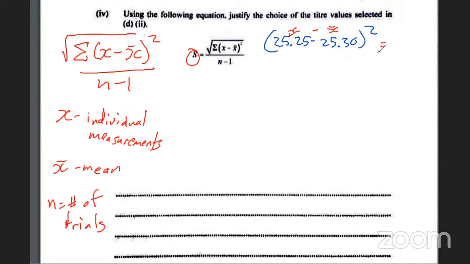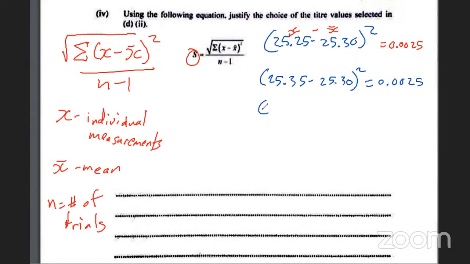The answer is 0.0025. We're going to do it again for the next reading, 25.35. You're going to get 0.0025. We do it for the next reading.